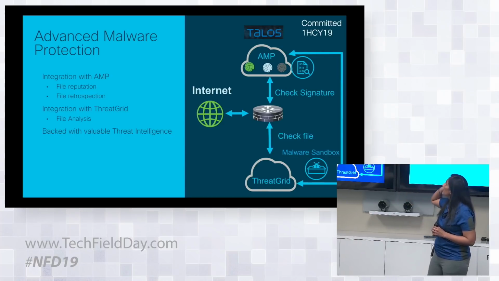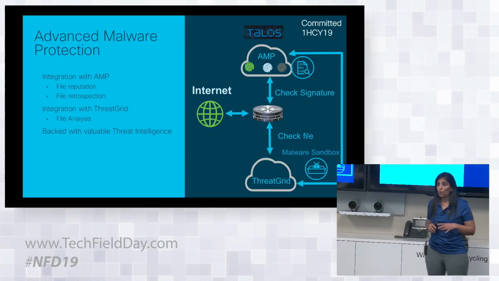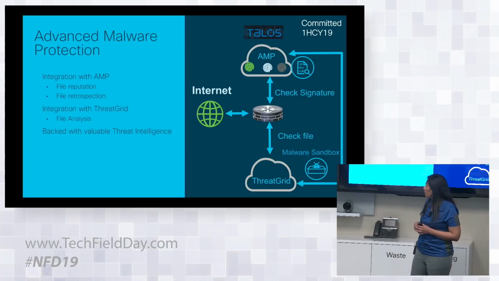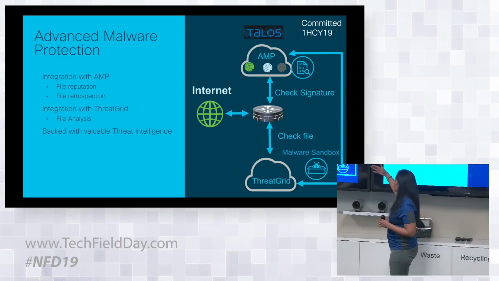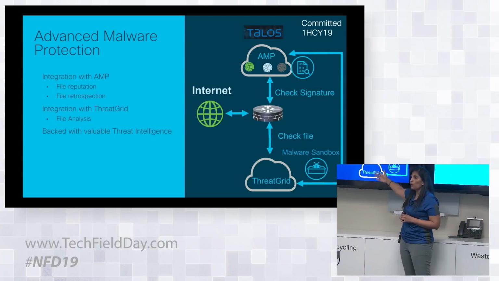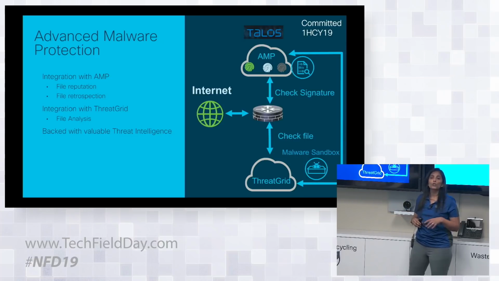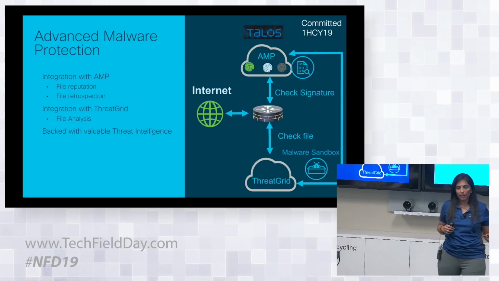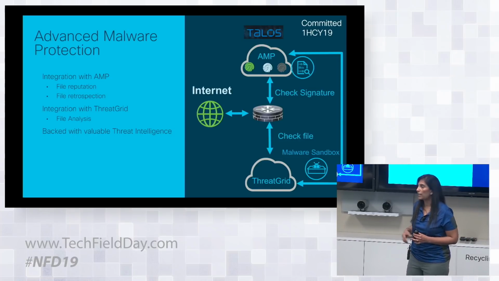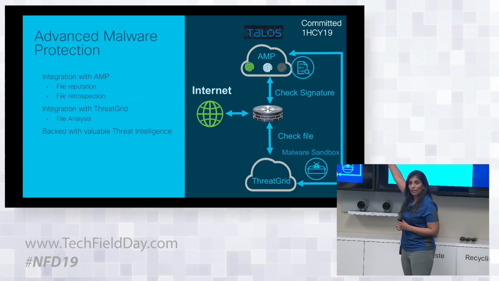So if AMP Cloud has seen it, it will be able to give us the file reputation, whether it is good or bad. And if it hasn't seen it, and if the device is also provisioned with ThreatGrid, we have the capability to send the entire file to ThreatGrid. So they do the sandboxing there. And once they're done with the sandboxing, they send the verdict back to the AMP Cloud.